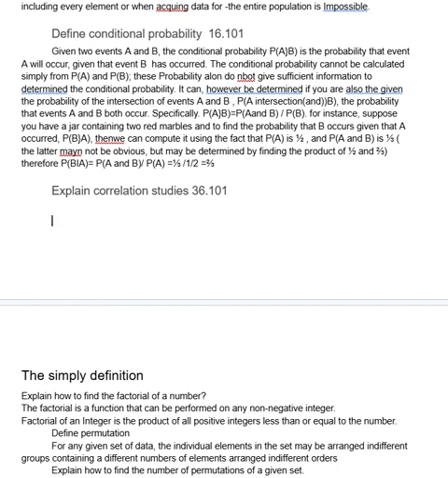B occurs given that A occurs, P(B|A), then we can compute it using the fact that P(A) is 1/2, and P(A and B) is 1/3.